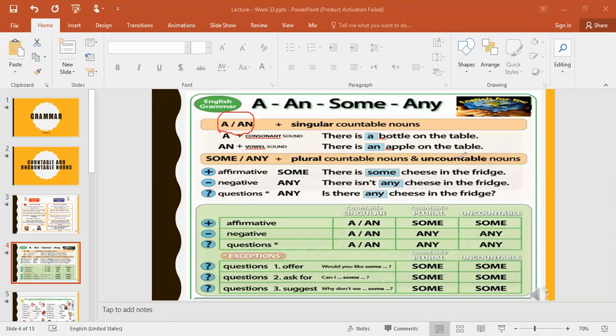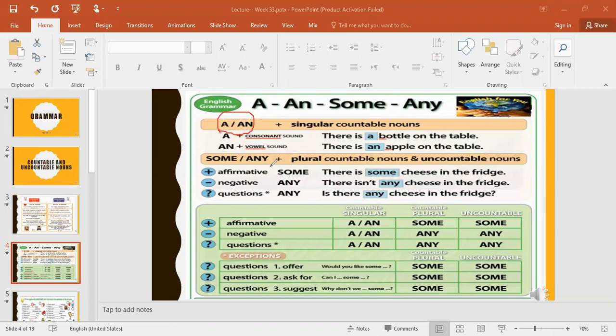So a and an are used only for singular nouns, only. A is used for the nouns that start with a consonant, like a bottle, and an is used for nouns that start with a vowel, like an apple, an umbrella, and so on.